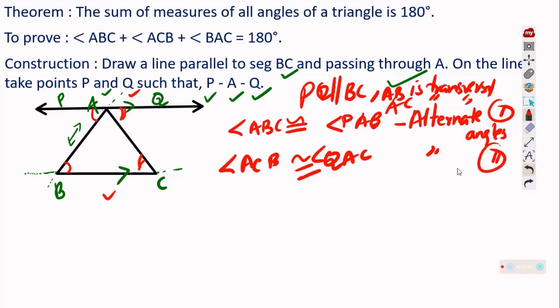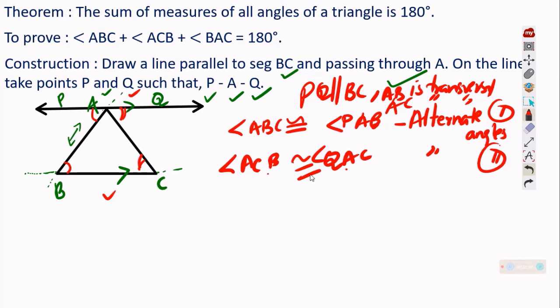From these two we can conclude. How can we conclude? These are equal. If you add, ABC is equal to PAB, ACB is equal to QAC.